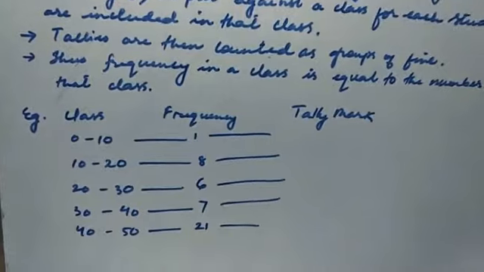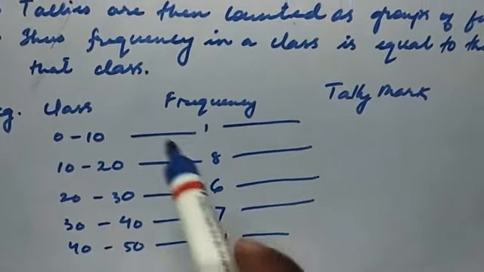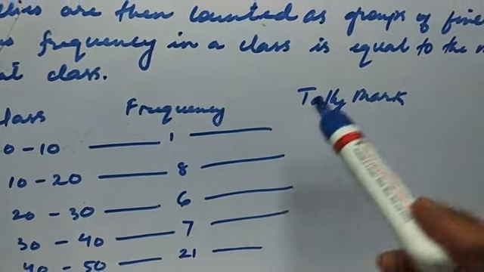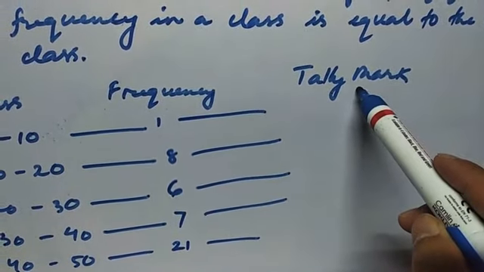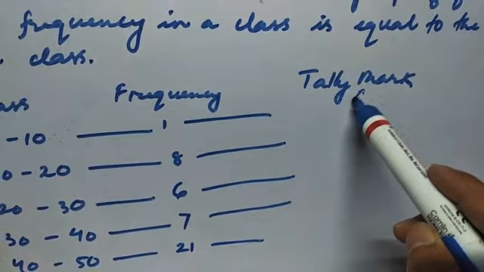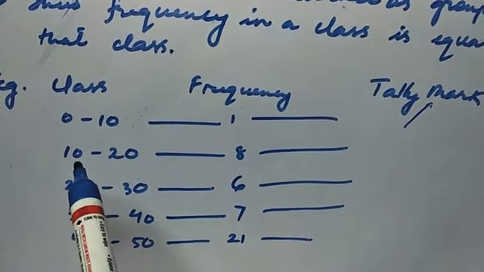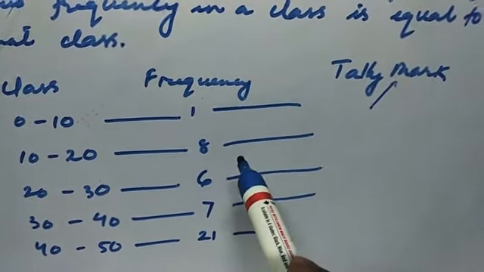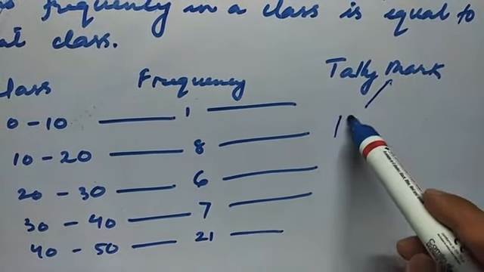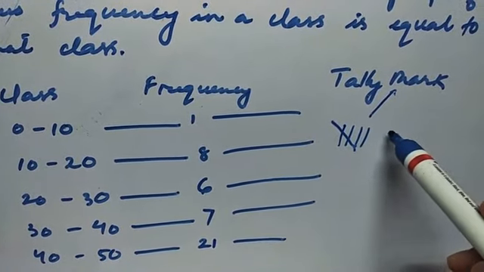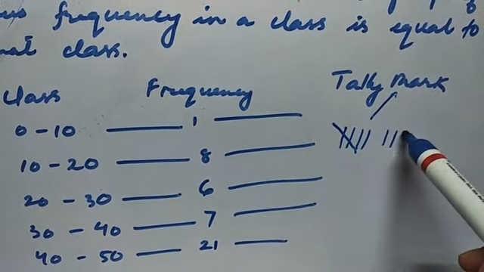So here we are taking an example. For class 0 to 10, we have a frequency of 1. How do we make it into a tally? 1 frequency equals 1 tally. In the next class, 10 to 20, there are 8 frequency, which means 1, 2, 3, 4, 5, 6, 7, 8.